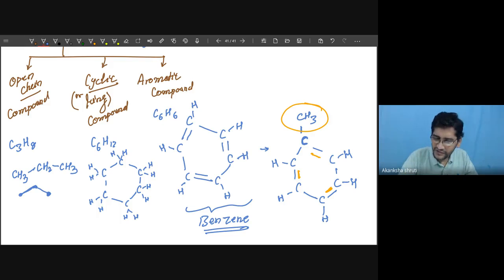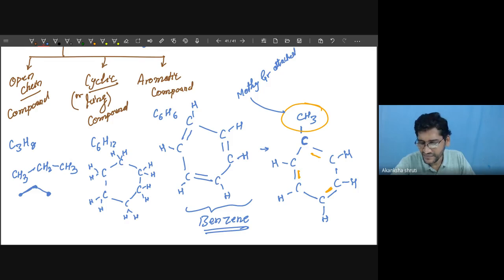It is this one. So this is the methyl group. Last day we were discussing that from methane, if one of the hydrogens is removed, it is able to attach with another group. It is called a methyl group. So it is attached to benzene. So this means one of the hydrogens is replaced by this methyl group.